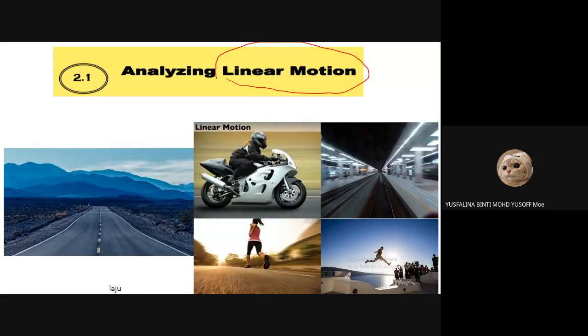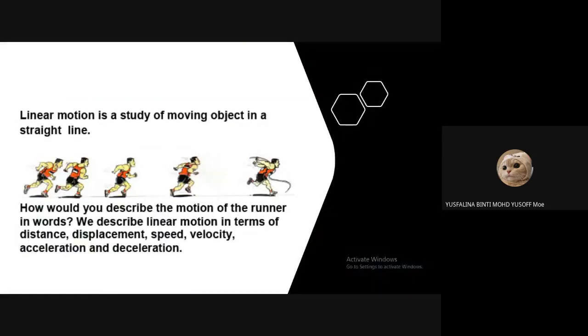Very good. So linear means a straight line, right? So what you will learn in this topic is motion in a straight line. Only in a straight line, not in a curved way. So linear motion is the study of a moving object in a straight line. How will you describe the motion of the runner in words?